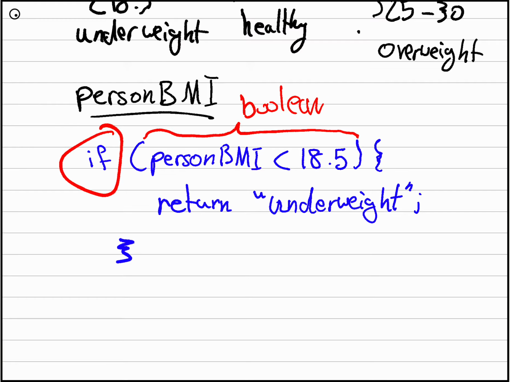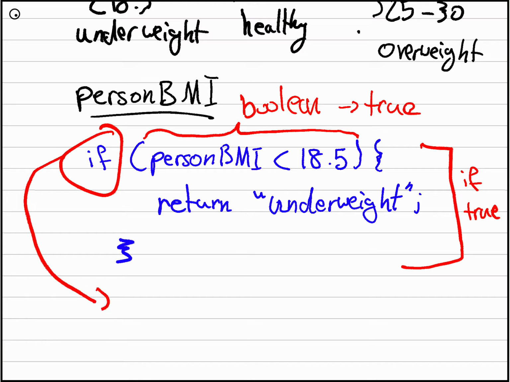If the boolean is true, then it will evaluate whatever is here. If it's false, it goes into the next line. Does that make sense? Okay, yeah, it makes sense.